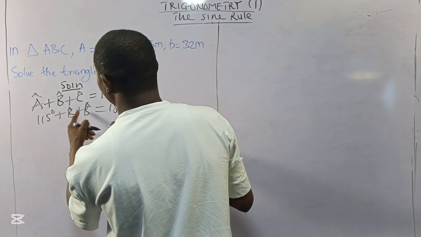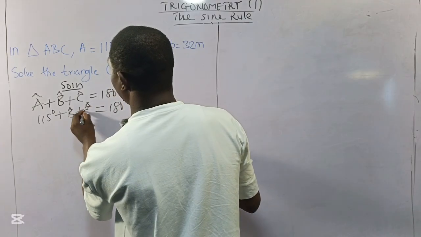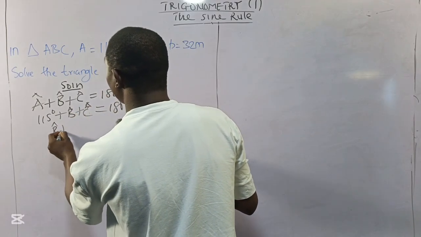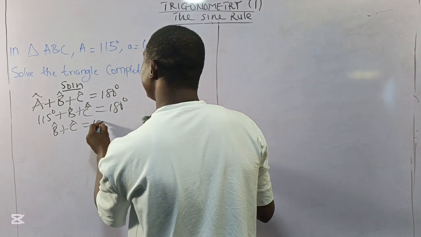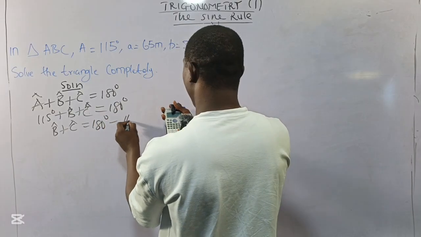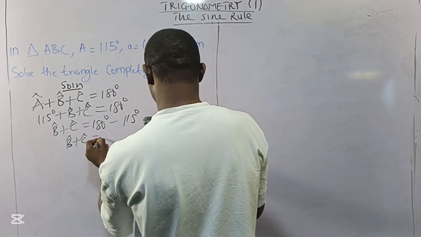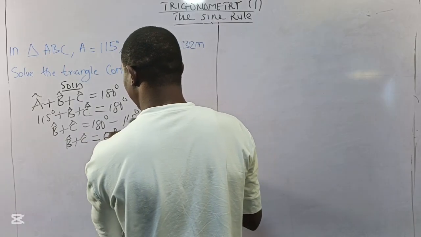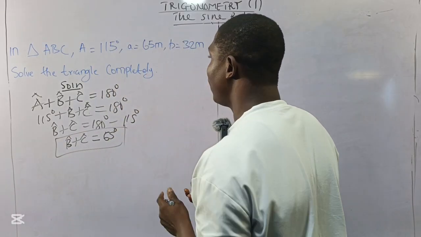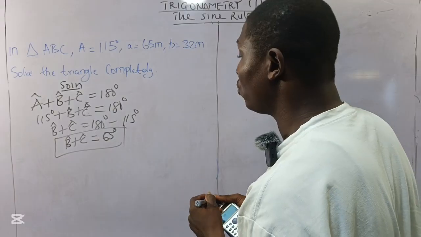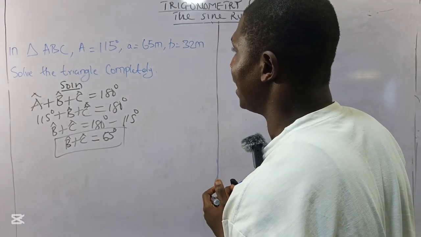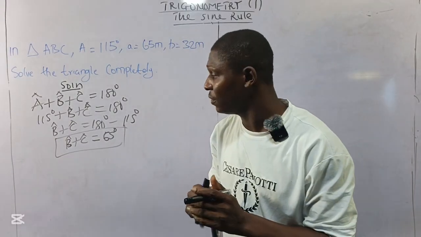And I'll have angle B plus angle C to be equal to 180 degrees minus 115 degrees. And B plus C will be equal to 65 degrees. Take note of this. The two values we are going to get for B and C must be equal to 65 degrees.